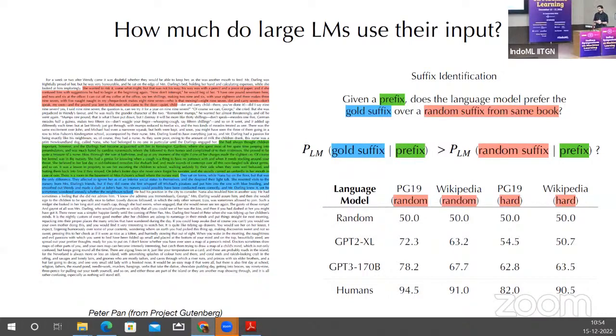I think what we really need is newer training objectives that are designed to encourage the model to capture better representations of long range context.